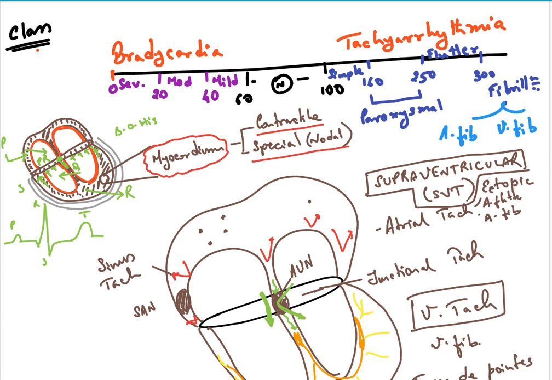Because whenever you are exercising, jogging or running, a heartbeat of 160 is very common, very normal. But if it is beyond 160 and up to 250, then it is called paroxysmal. So Abhirup, do you remember the meaning of the word paroxysm?